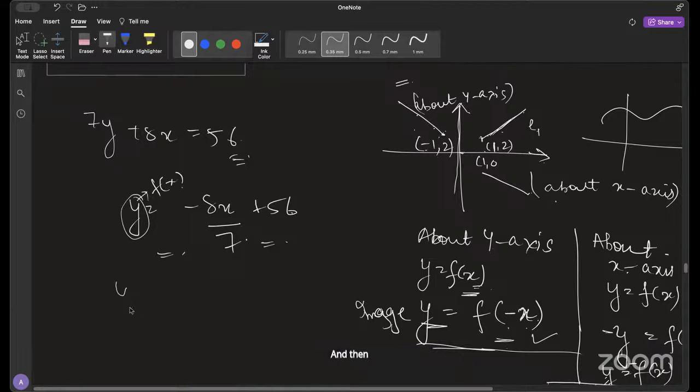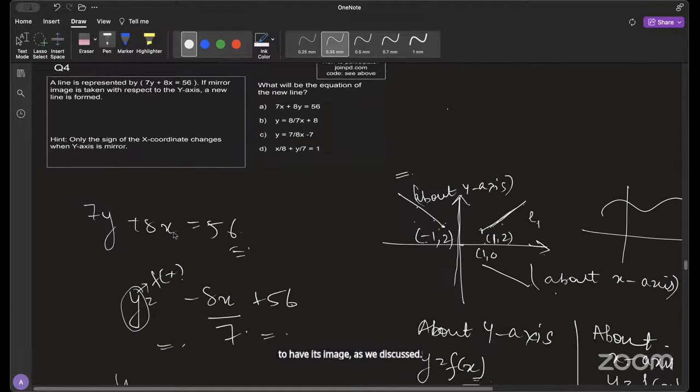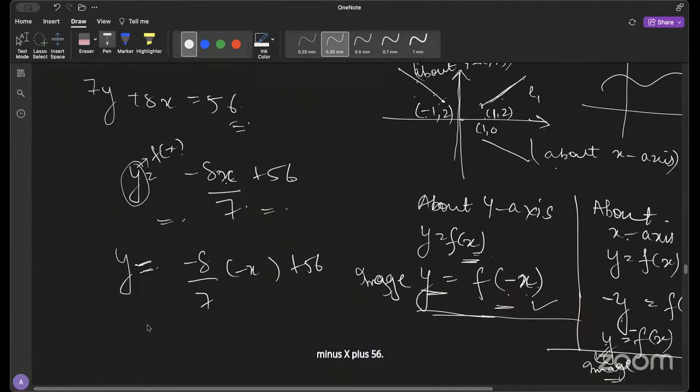And then, to have the image of this about the y-axis, you just need to change the sign of x. So instead of x, substitute minus x. So you'll have minus x plus 56. So this will be 8 by 7x plus 56.